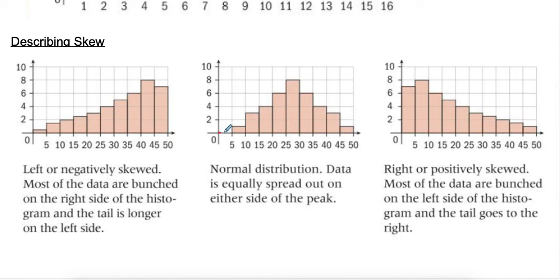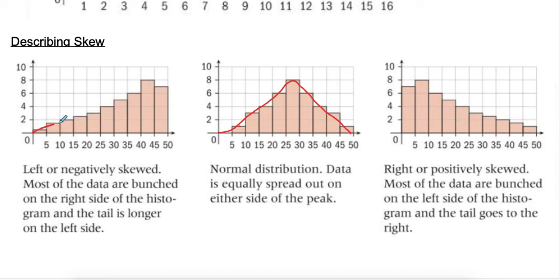Now this one is like a normal distribution. If I plotted it like this, where I took the central point of each bar and plotted it and joined it with a line, you'd have what's called a normal distribution. This is something we're going to look at in a bit more detail later on.